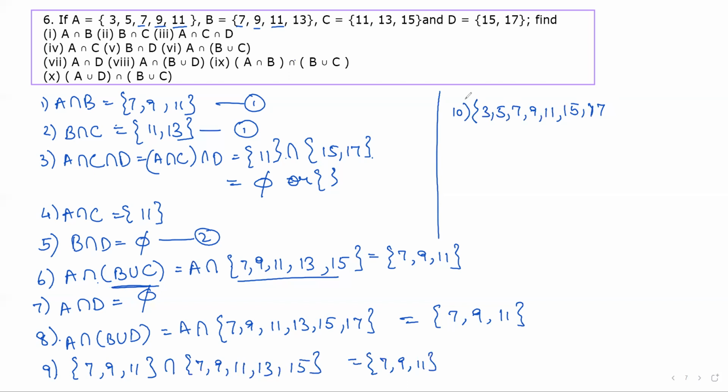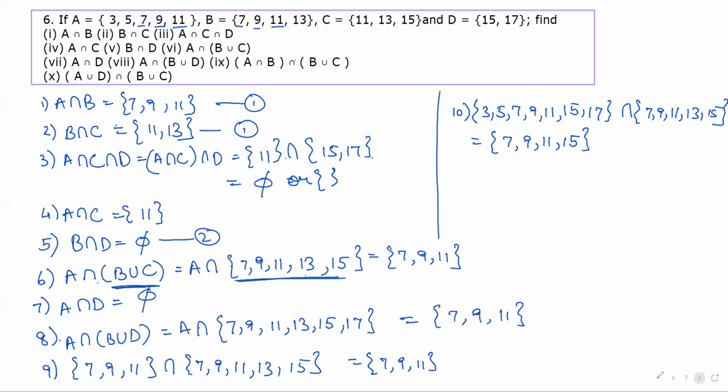This value intersection B union C. B union C we calculated in the previous question. So here we'll rewrite it: 7, 9, 11, 13, 15. This will give you 7, 9, 11, 15.